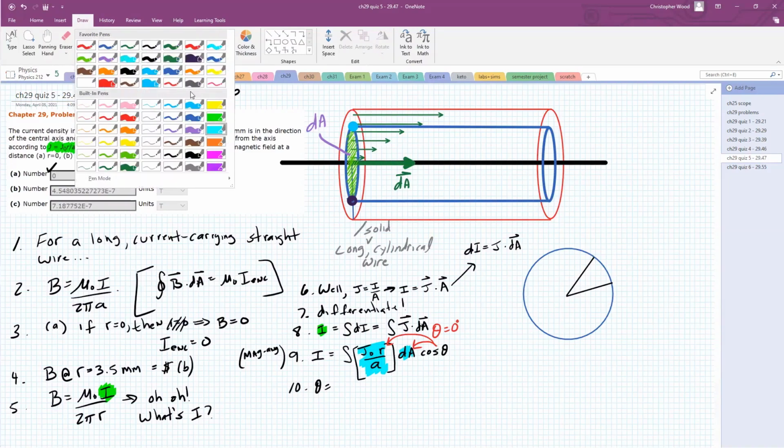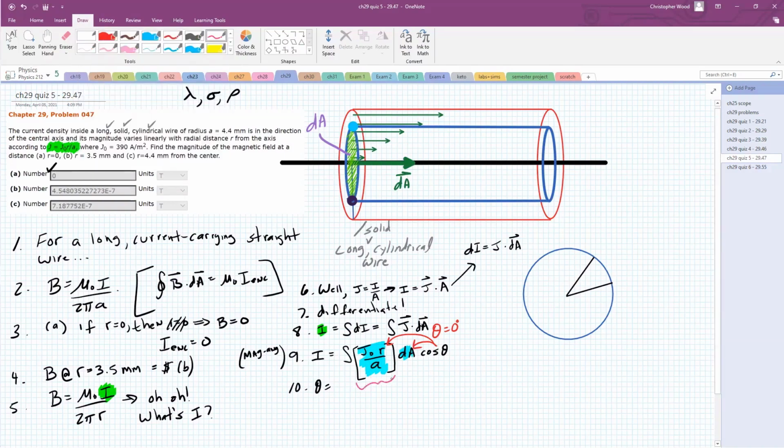You're thinking, wait a minute, how can density have a direction? And it does, by convention. This is my current density vector, J vector. So current density is a vector, which means it has a magnitude and direction.